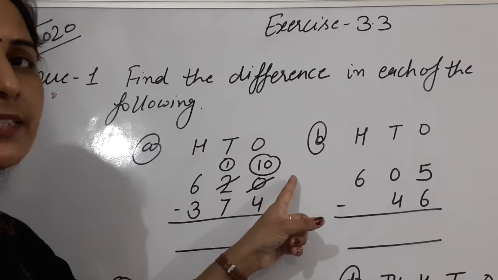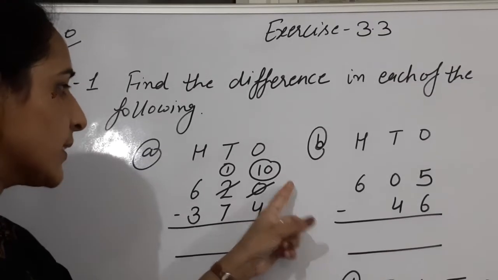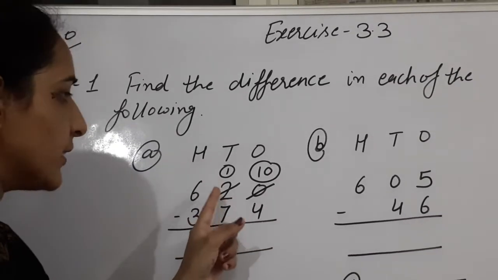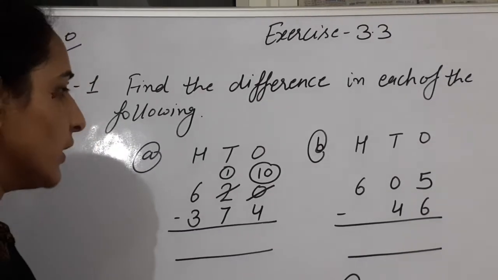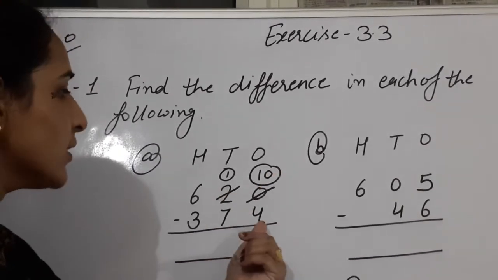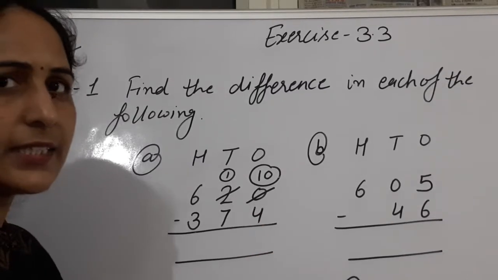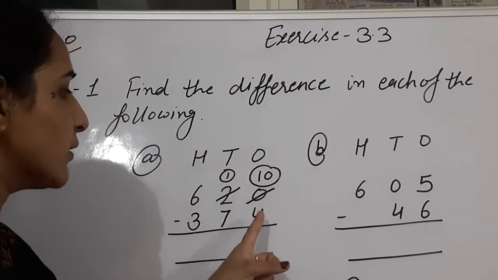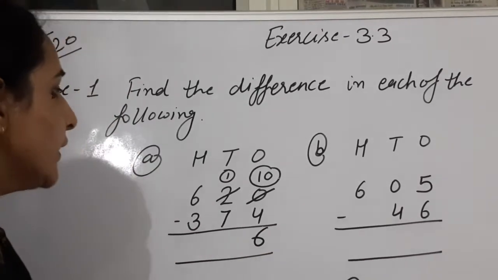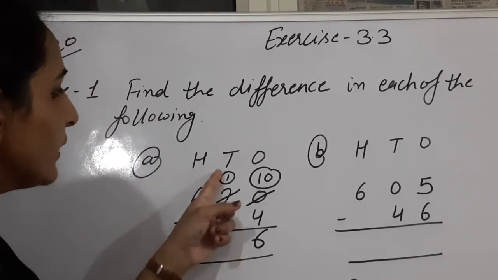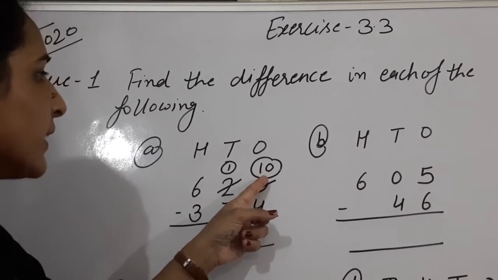Now there is 10 ones and here is 1 tens. We take carry from there. So how do we do now? There is 10 ones and here is 4 ones. So we can easily subtract: 10 minus 4 equal to 6.